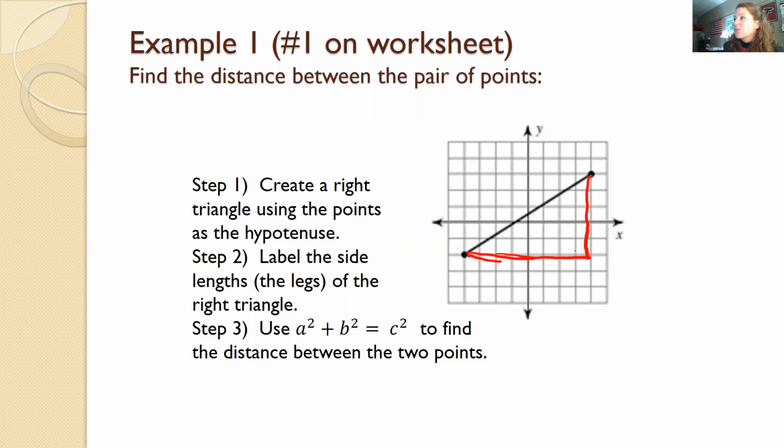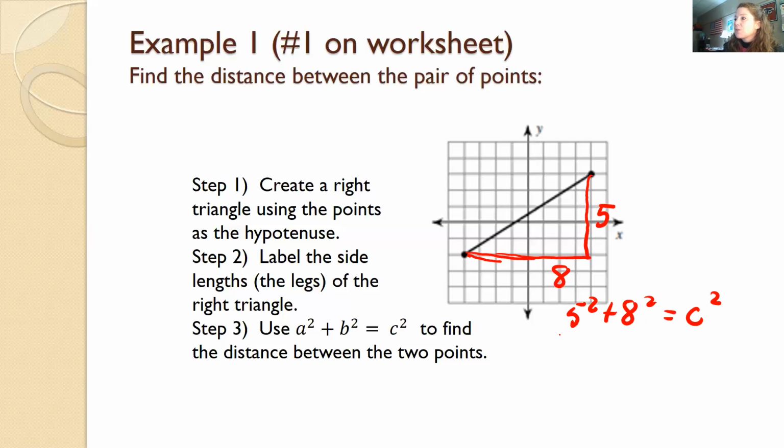So the height of this triangle is 1, 2, 3, 4, 5 units tall, and 1, 2, 3, 4, 5, 6, 7, 8 units wide. And I do not know that diagonal, or in other words, the hypotenuse.